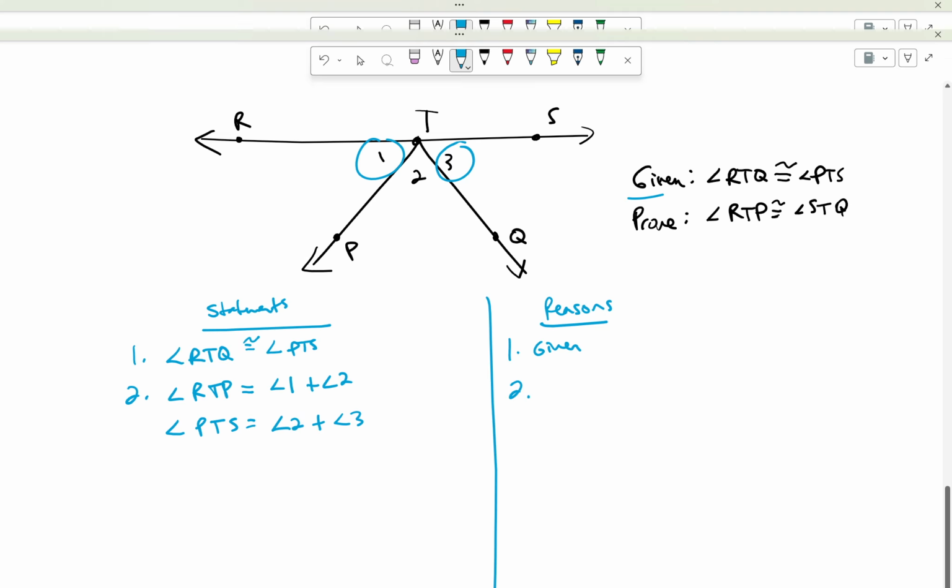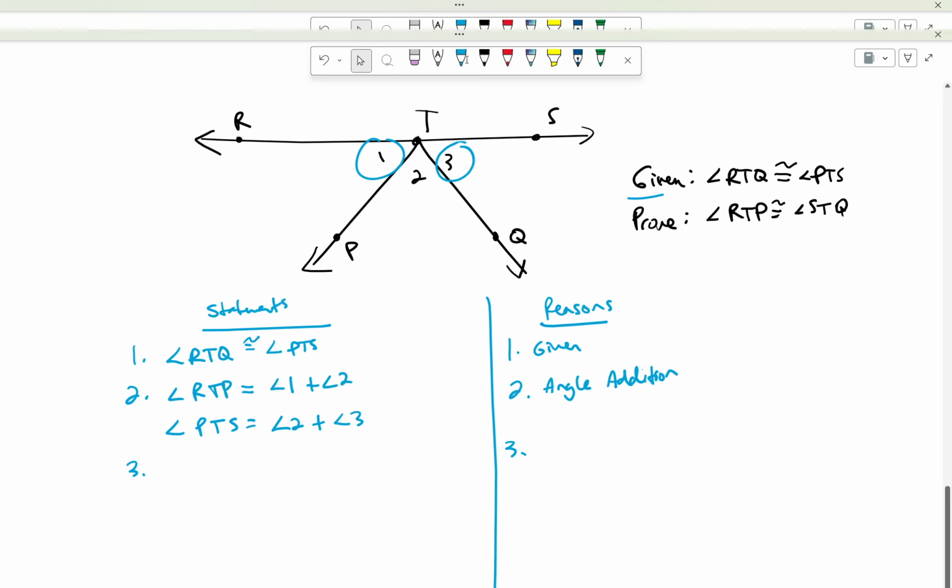And that's the angle addition postulate, right? Didn't we just add two adjacent angles, 1 and 2, and then 2 and 3? That's just two adjacent angles. They share a side, therefore they make a greater angle. That's why we can do it. Not just because we feel like it, but because we actually have sound reasoning behind it.